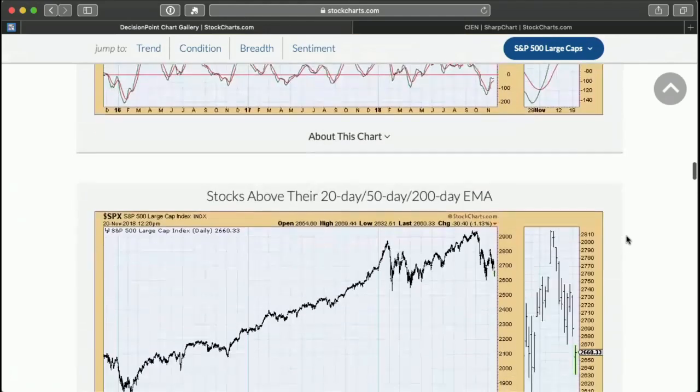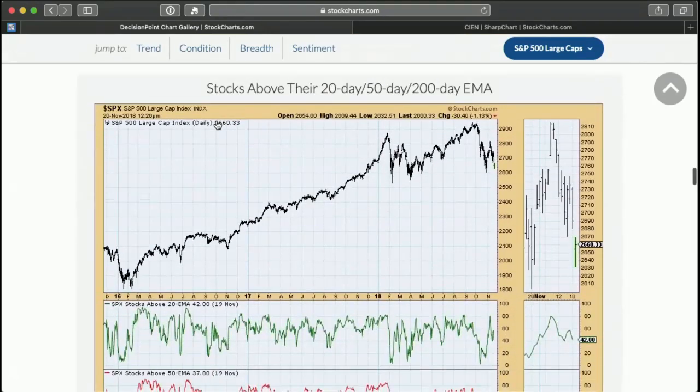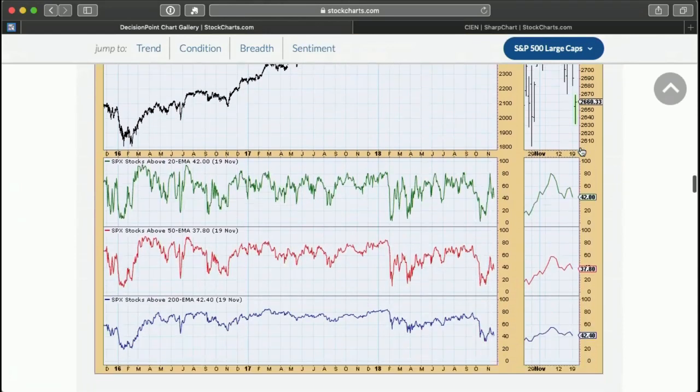And then we can go down into more market indicators, and we can look specifically at the S&P 500 and how many stocks are above the 20, 50, and 200-day EMAs. So this is another condition chart you can find in the Decision Point chart gallery.